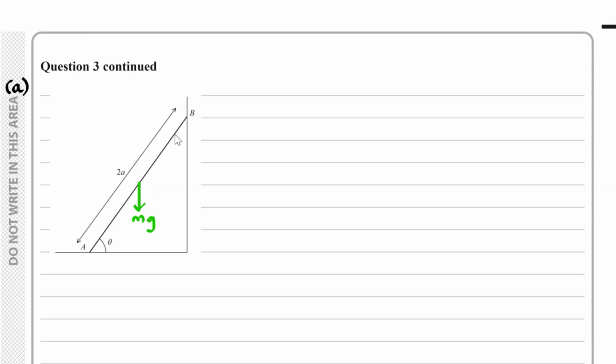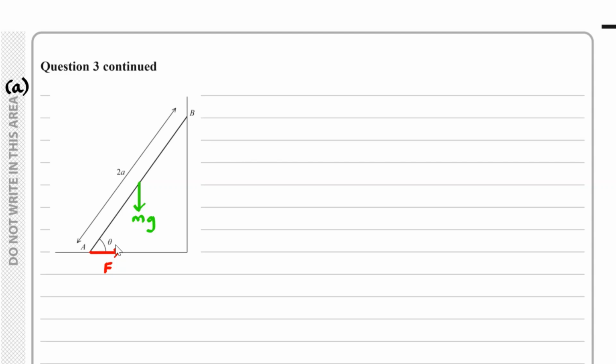If the ladder is on the point of slipping, it will move like this, so friction will oppose it, hence the friction force is acting towards the wall. We'll call this friction force F.